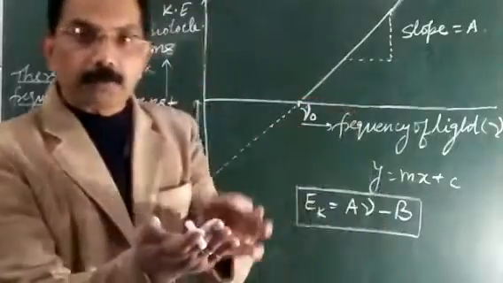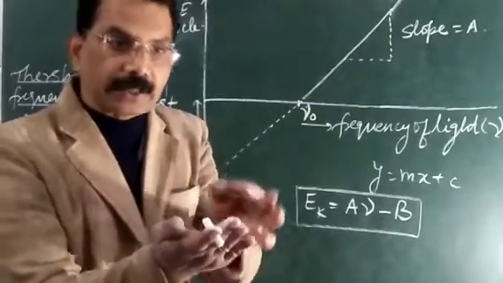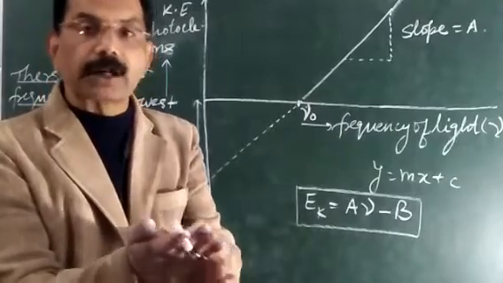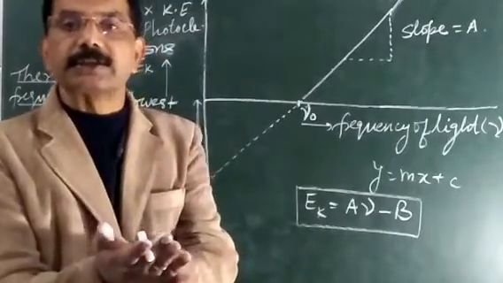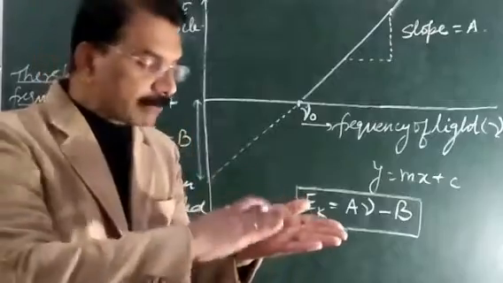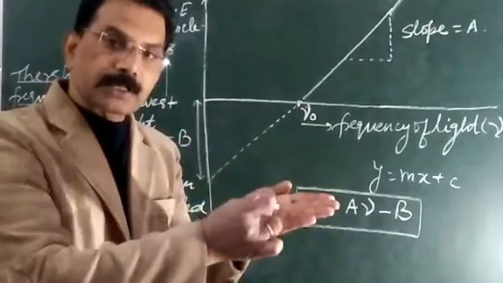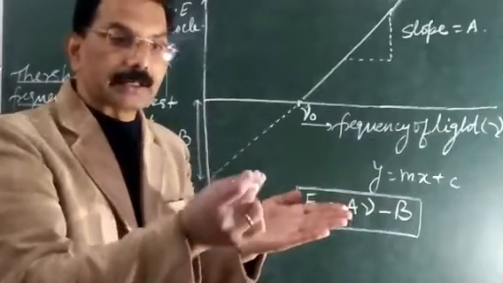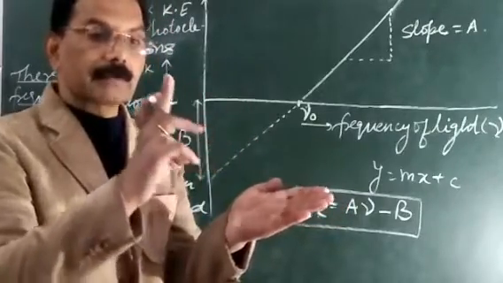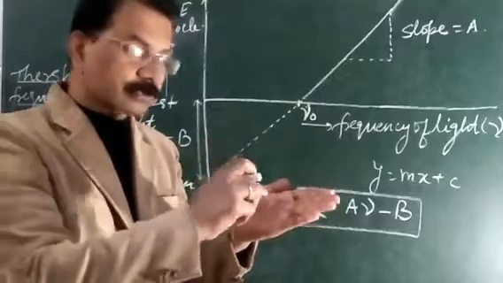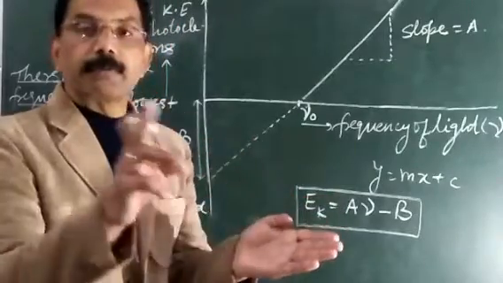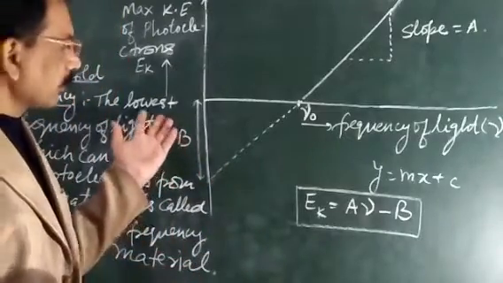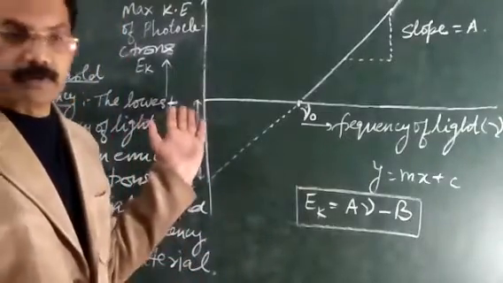And remember, if the frequency of the light is less than the threshold frequency, it will never emit photoelectrons, no matter what the intensity of light is. तो हर एक मेटल के लिए एक लोएस्ट फ्रीक्वेंसी की लाइट चाहिए फोटो इलेक्ट्रॉन को निकालने के लिए. लेकिन हमेशा याद रखिएगा, अगर लाइट की फ्रीक्वेंसी थ्रेशोल्ड फ्रीक्वेंसी से कम रहेगी तो कभी भी फोटो इलेक्ट्रॉनों का इमिशन नहीं होगा. And this threshold frequency is also called the cutoff frequency.